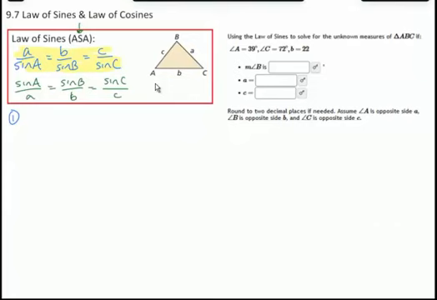If you're given two angles, either ASA or AAS, and you're asked to find all the remaining pieces of information about the triangle, you're given two angles and a side. The easiest thing to find first is the missing angle, and you can find that by using triangle sum.